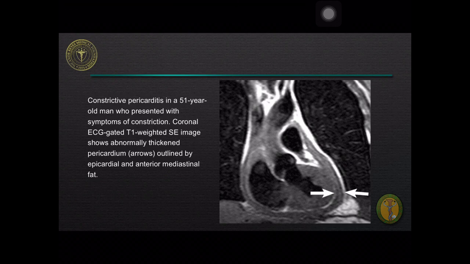Shown in this picture is a cardiac MRI image of a 51-year-old man who presented with symptoms of constriction. Coronal ECG-gated T1 weighted SE image shows abnormally thickened pericardium outlined by epicardial and anterior mediastinal fat.